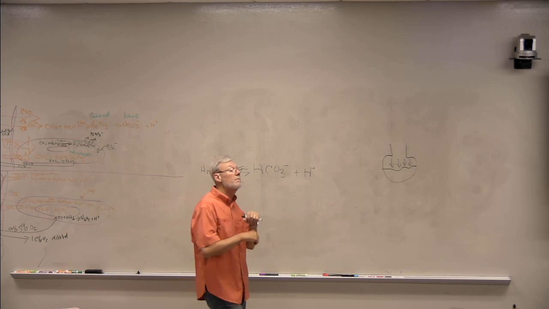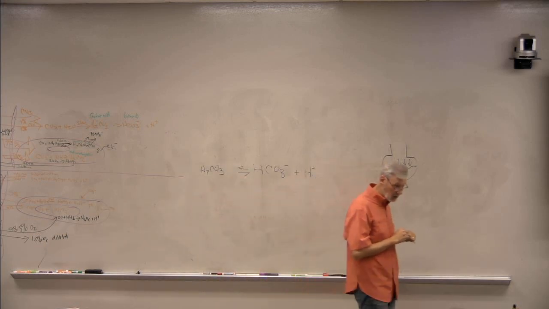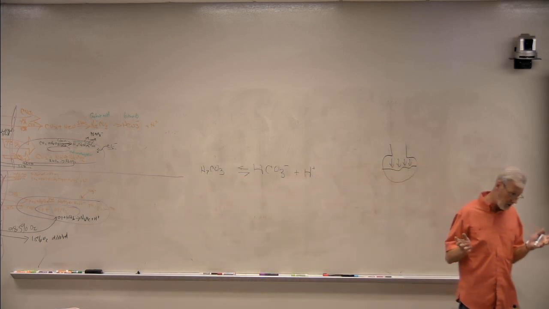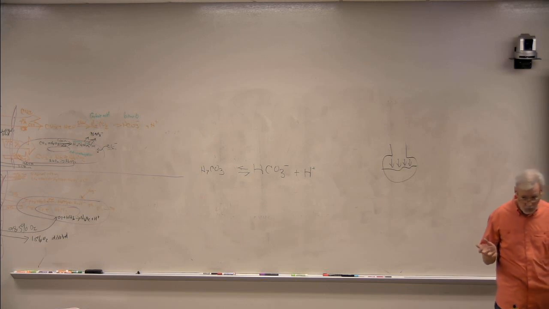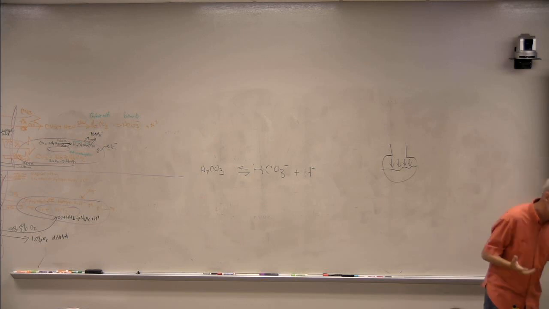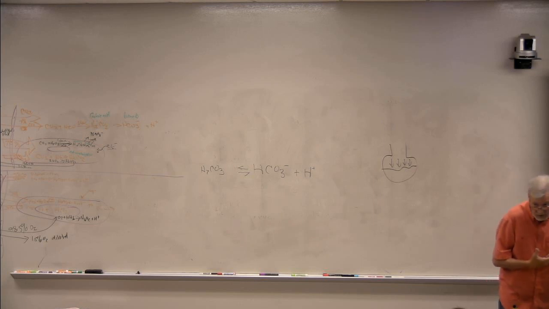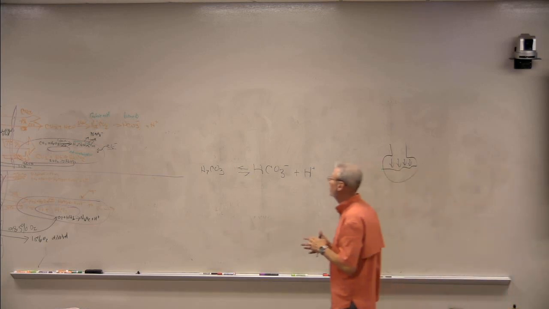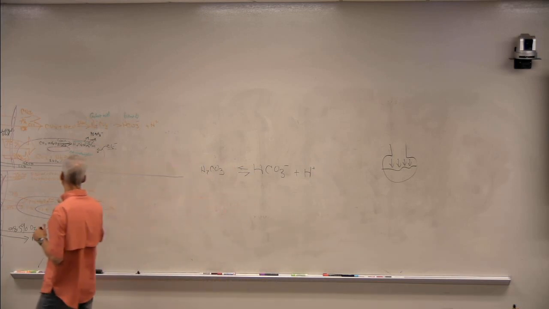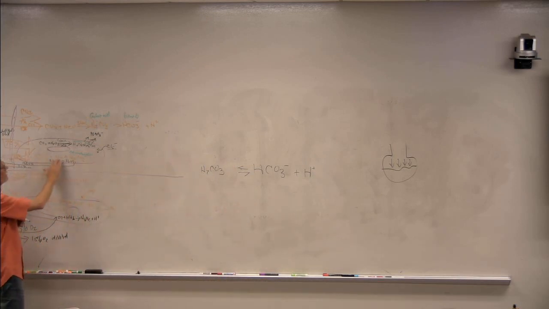The amazing thing about hemoglobin is, we all know it carries oxygen. Guess what? It can carry CO2 also. So about 20% of the CO2 is carried by the hemoglobin, HbCO2.